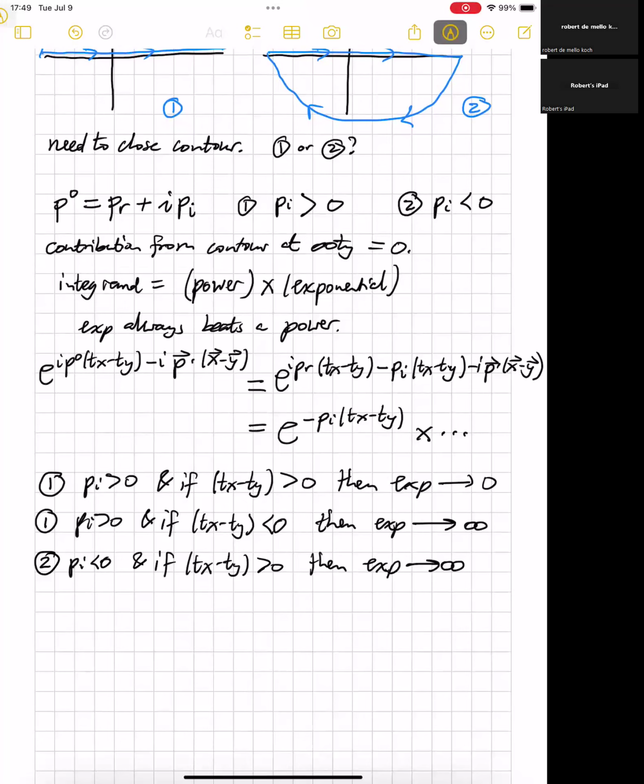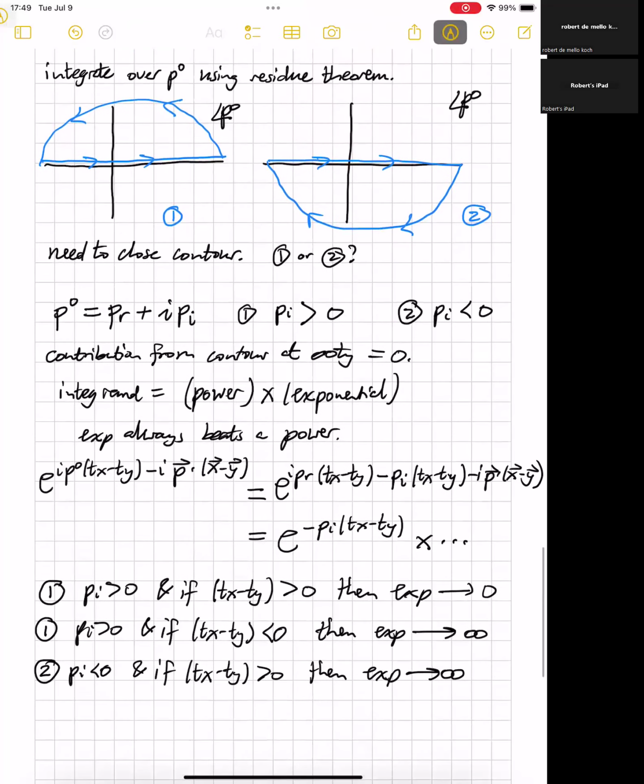Well, that exponential is going to blow up as we take pi to infinity. You see, if you're sitting here at infinity, then almost everywhere on this contour, pi is infinitely big, and either positive if you're on path 1 or negative if you're on path 2. But pi is massive, okay?